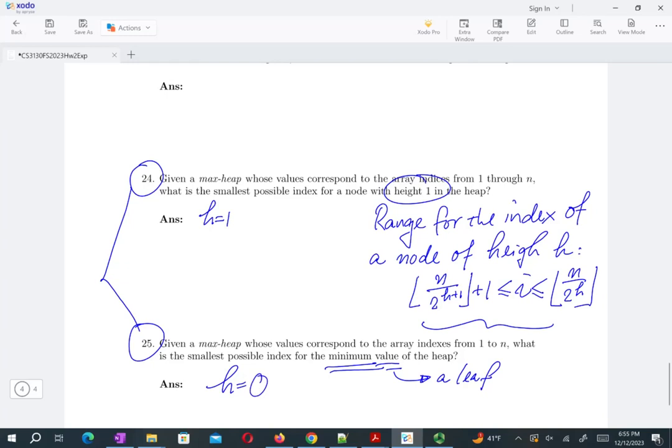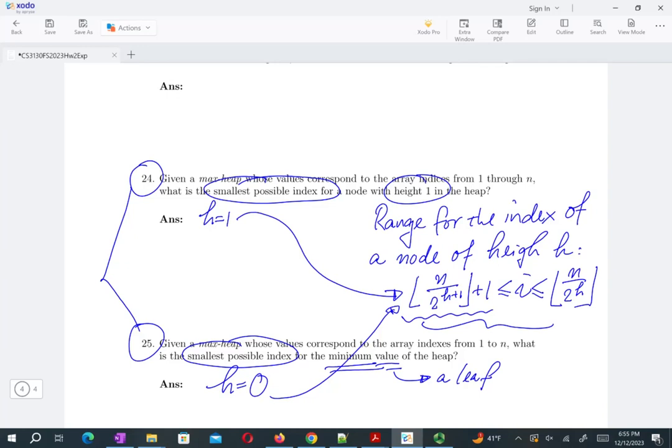So you can use the same range formula but with different height, height 1 and height 0, but you use the lower bound, because we want the smallest possible index.